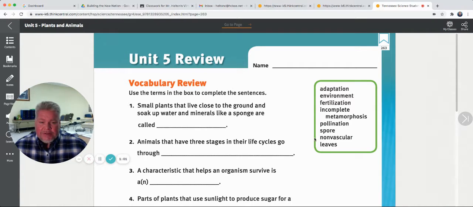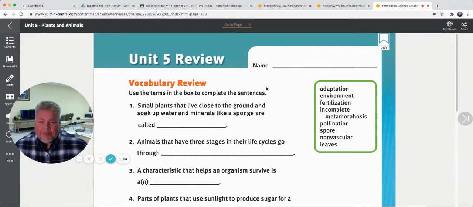And here we're using this word bank over here to find the answers. Small plants that live close to the ground and soak up water and minerals like a sponge are called what? Well, if you'll remember, there were 2 types of plants we started off looking at. There were vascular plants, those plants that have veins, like at the back of a leaf. It looks like it has blood veins like your wrist does.